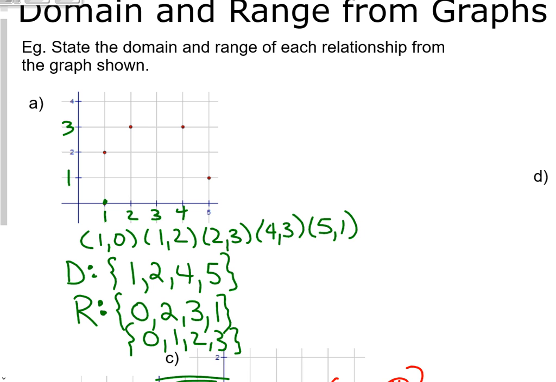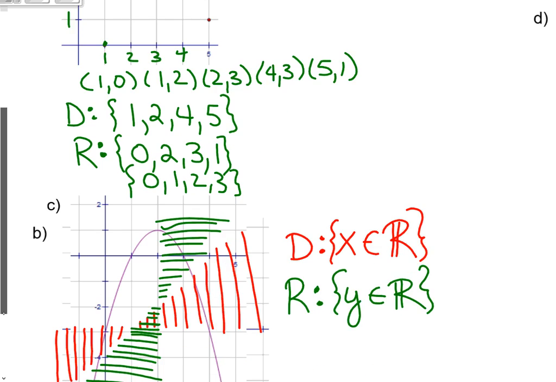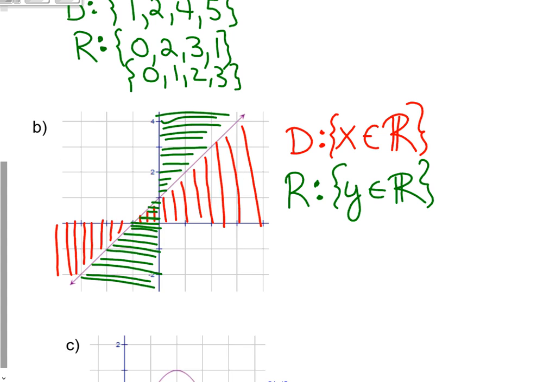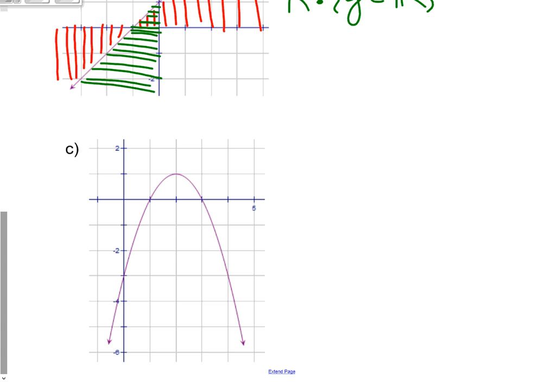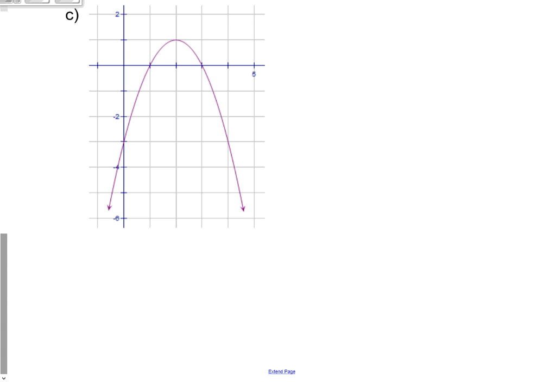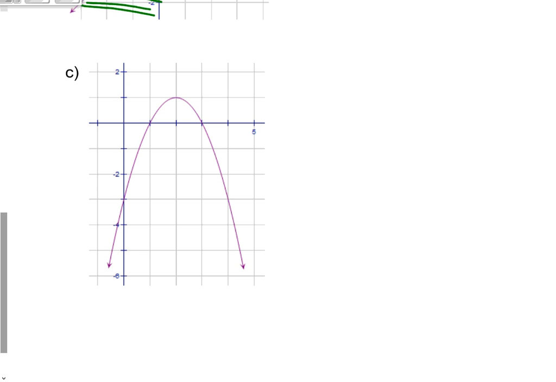Okay, let's keep going. Whew, and now we have a parabola. So let me just drag down this parabola so we have space to talk about it. Okay, so again, like before, we can think about this as shading. If I took this parabola and shaded it towards my x-axis, this part would be towards the x-axis, and then this would also be on the x-axis.